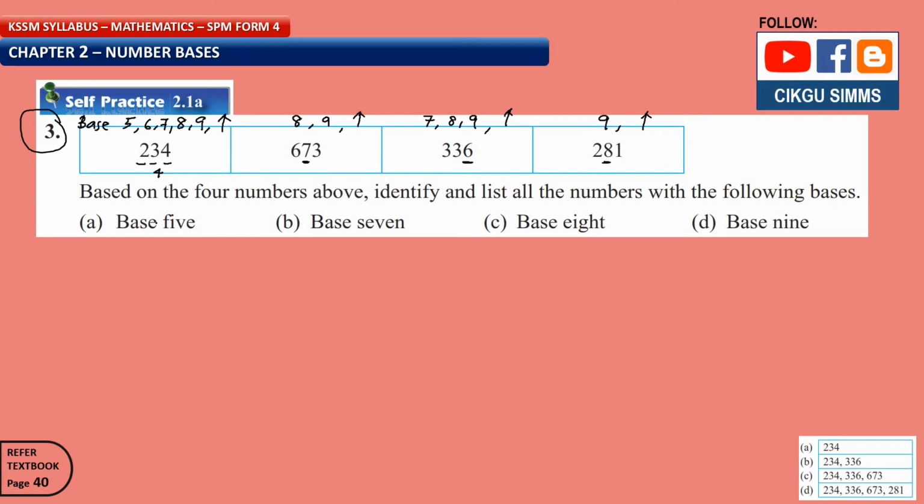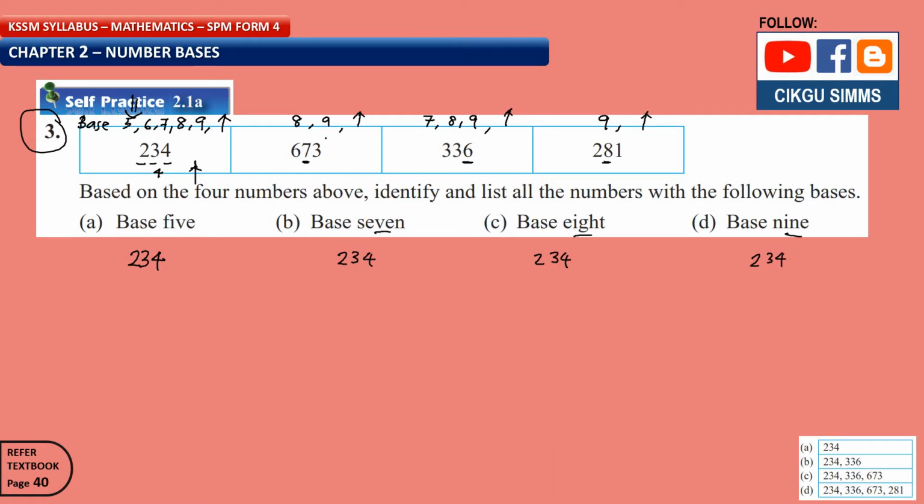Okay, so for base 5, which one is possible? Only the first one is possible. So 234 is possible for all of these, because all of the numbers are less than the base.